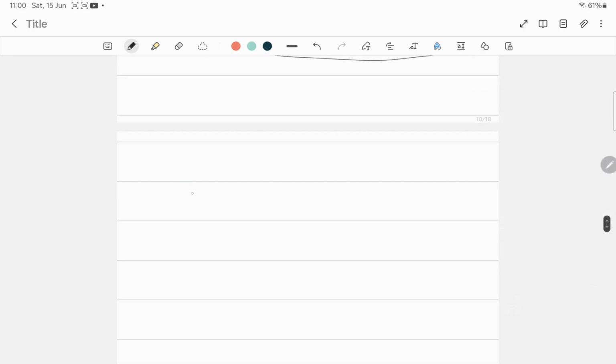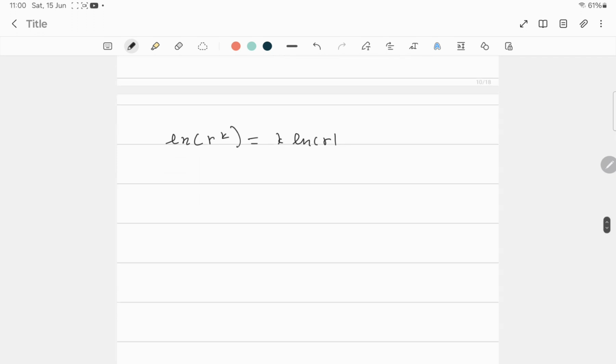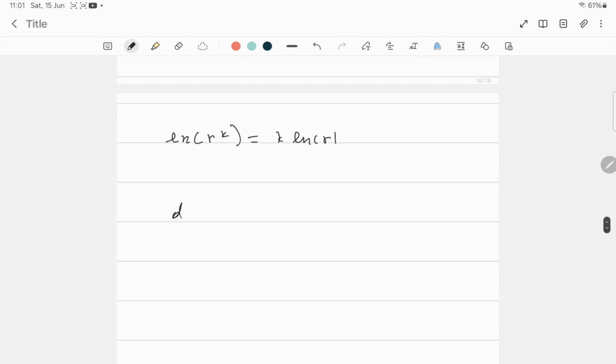Now the third property says that the natural logarithm of r to some power k equals k times the natural logarithm of r. Alright. Let's take the derivative of the function natural logarithm of r to the power of k with respect to r. I use the Leibniz notation. It's 1 over r to the power of k, times the derivative with respect to r of r to the power of k.